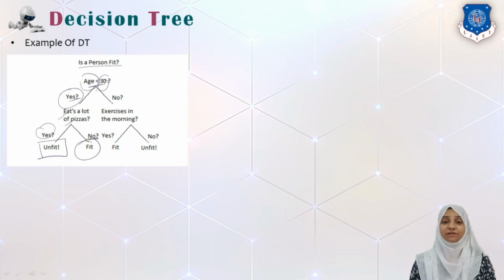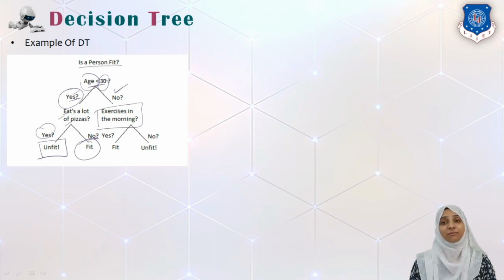Coming over to this other branch, what is the possible value of the attribute age less than 30? Other than yes, a person can have the value no under this age less than 30 attribute. So age less than 30 is the name of the attribute. In that, if we have the value no for a particular person, we have to look into another attribute's value.